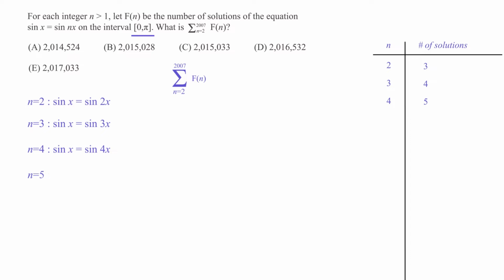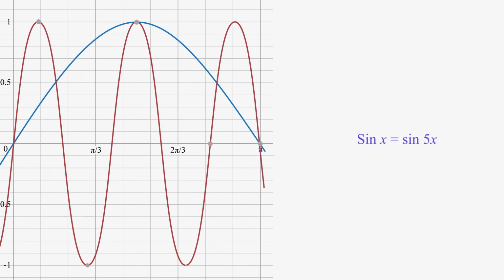For n equals 5, we have sine of x is equal to the sine of 5x. Let's look at that graph. This graph shows us 1, 2, 3, 4, 5. Only 5. Why? Because this is a key to this question.